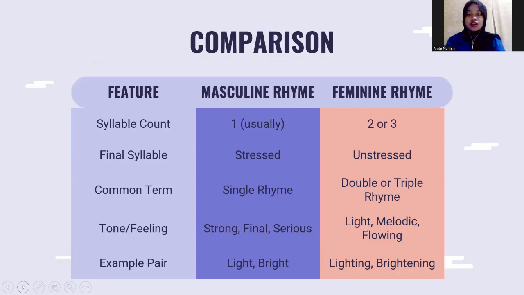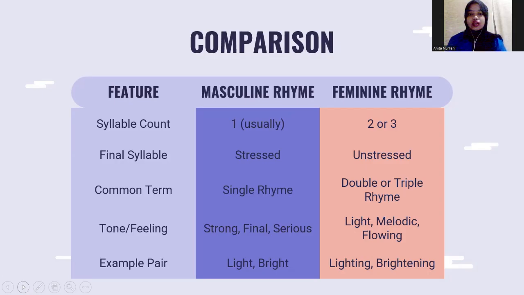This table shows a comparison between masculine rhyme and feminine rhyme. In masculine rhyme, the syllable count is usually one, or monosyllabic, and the feminine rhyme has two or three. As for the final syllable, masculine rhyme is stressed and feminine is unstressed.